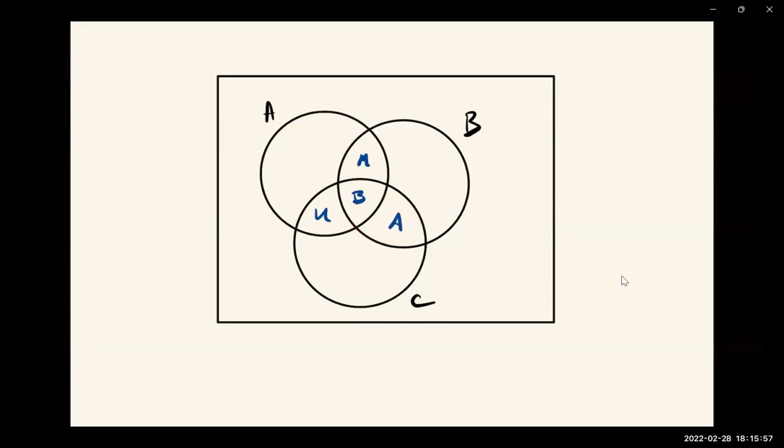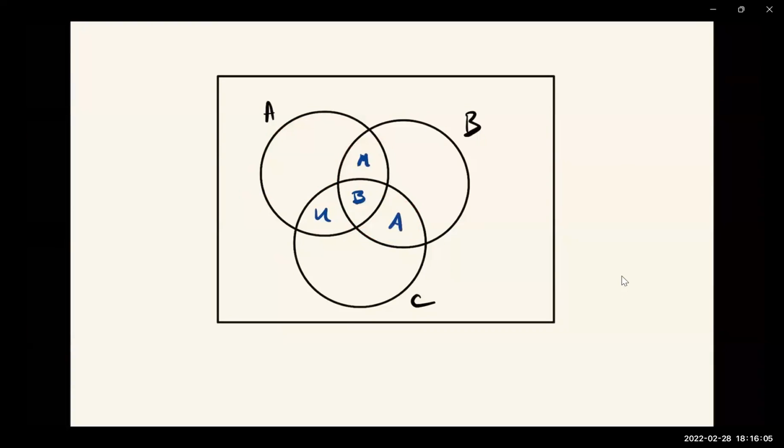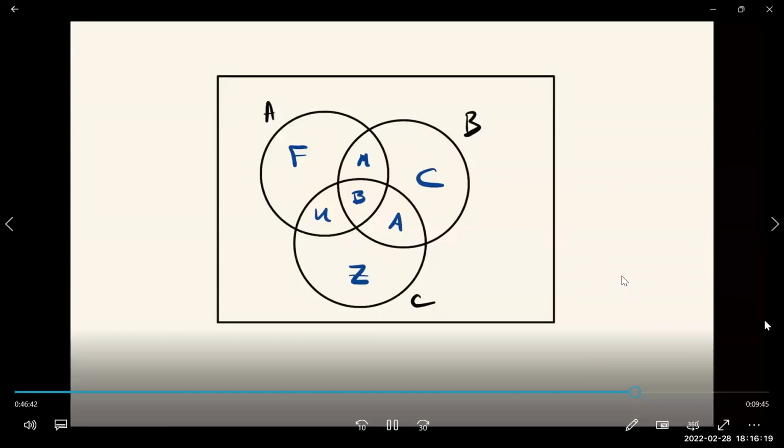All right, now let's just focus on A. What's in A only? Frozen. What's just in B? Cinderella. And what's in C only? Zootopia. And finally, what's in the universal set that's not in any of these three?